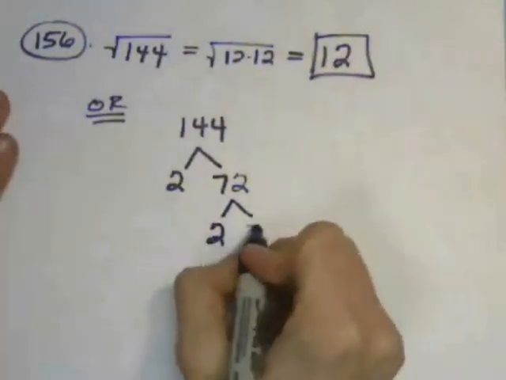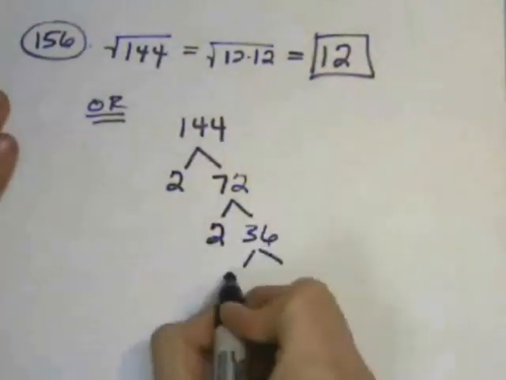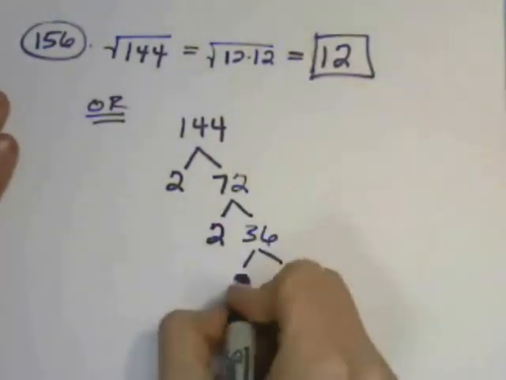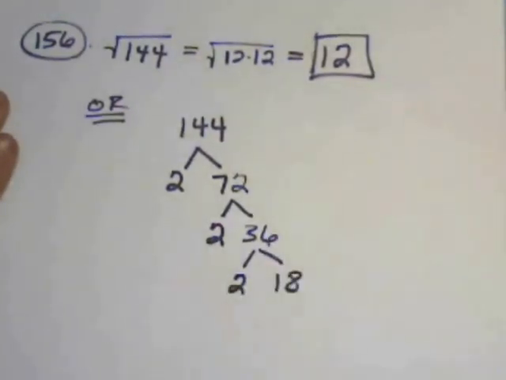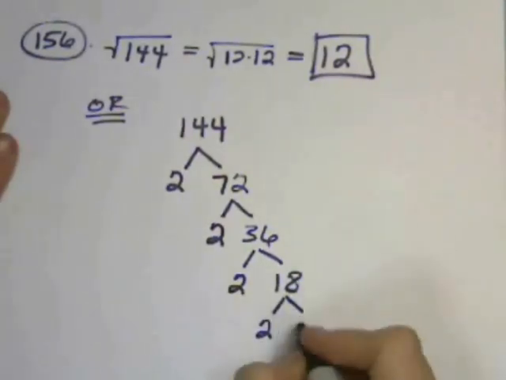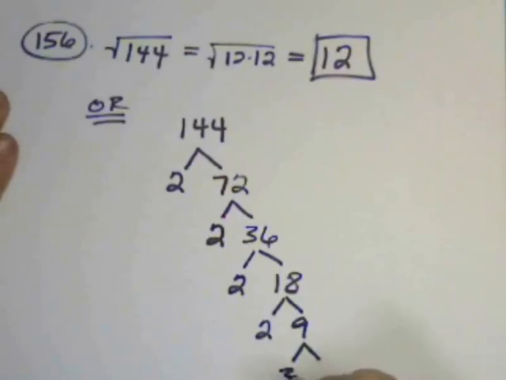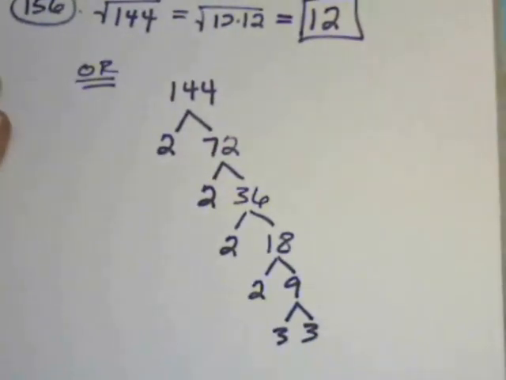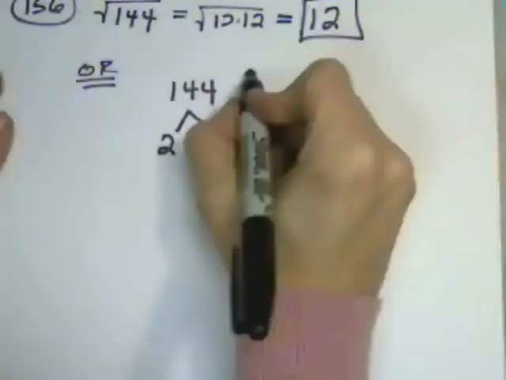I'll get a 36. Another 2 will give me an 18. Again, I still have a prime number of 2 in there, so 2 times 9 and 3 times 3. So I've broken 144 up into all of its primes. I did the prime factorization.